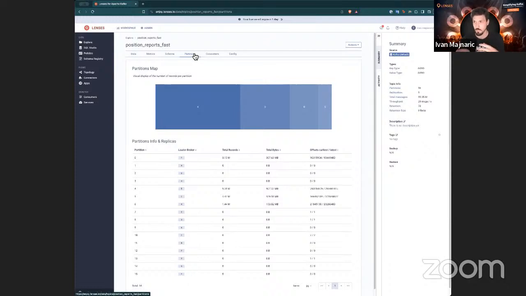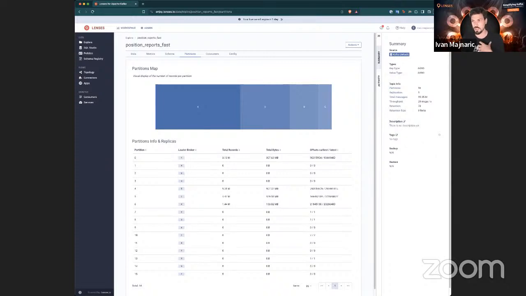So I have two light bulbs. First one, okay, someone is using key partitioning. They're partitioning by some key, which most likely is not the accurate one. And I can see that in the beginning, the engineer maybe used one partition for the topic, and then it scaled to 16.